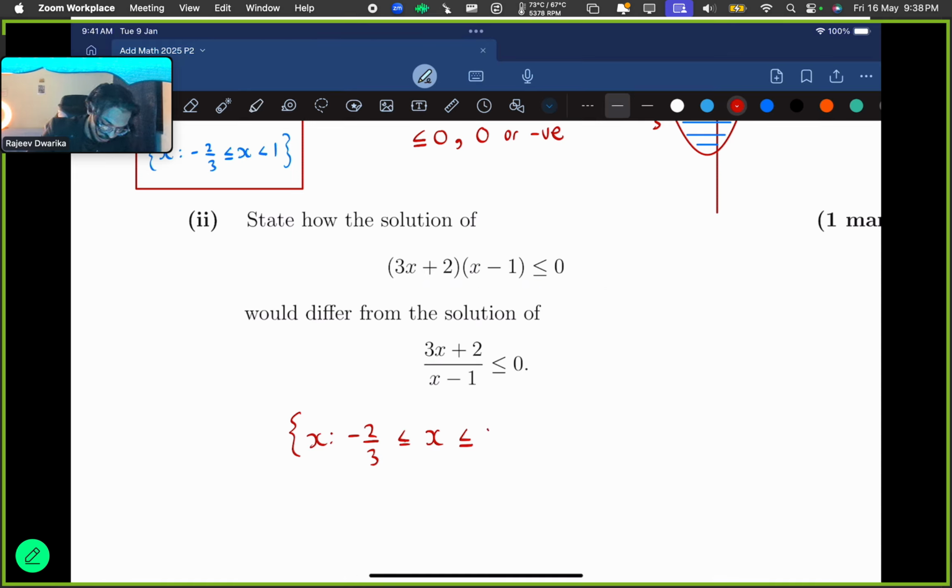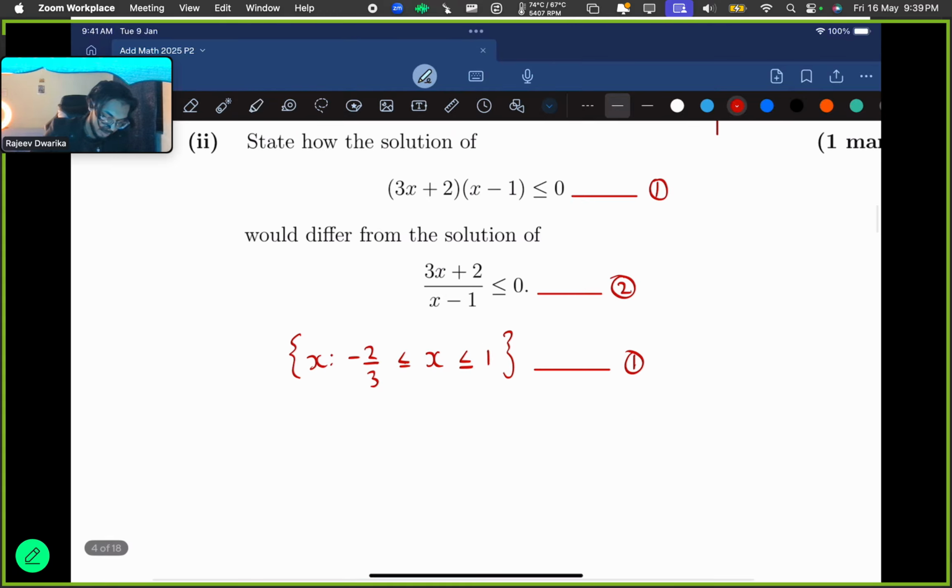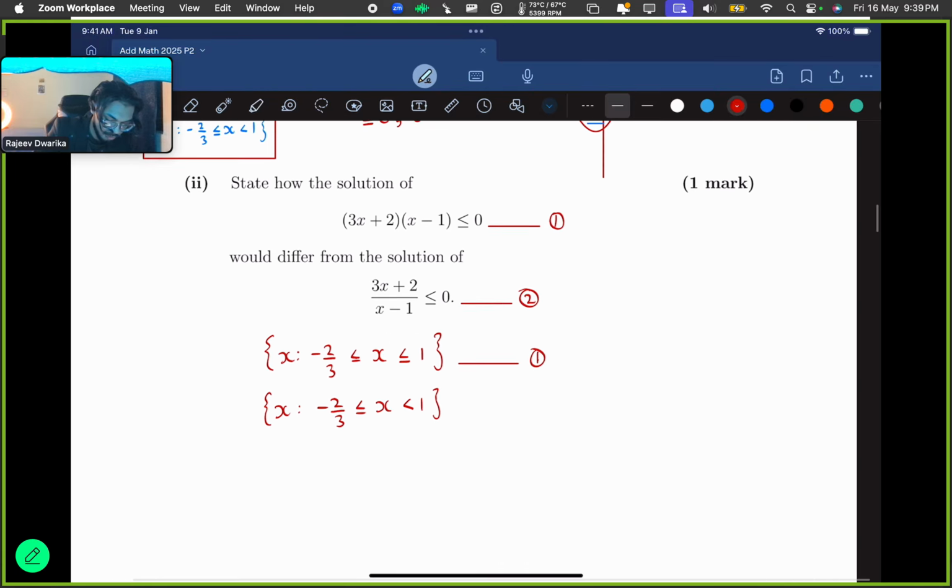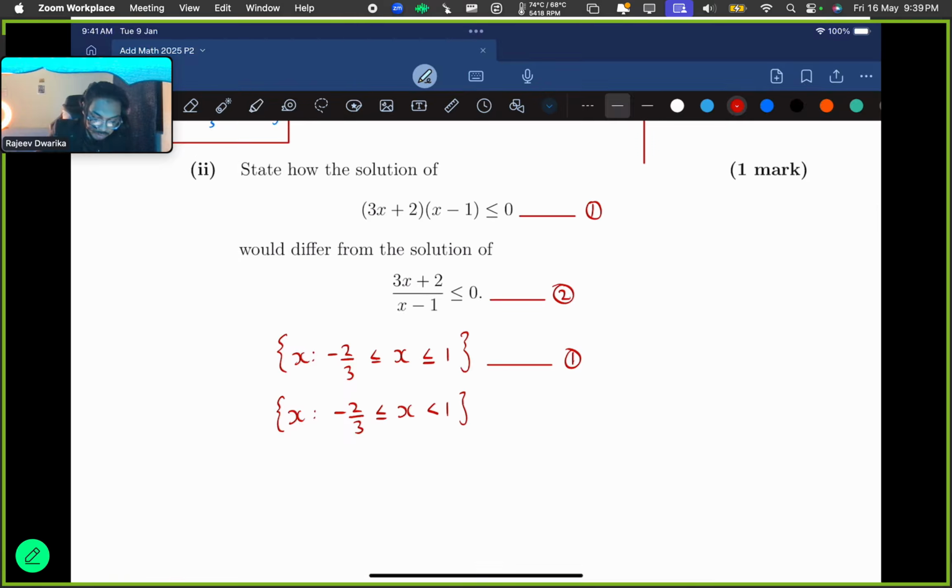And you could label this equation 1, and label this equation 2, and say this is the solution for 1, and this is the solution for 2: minus 2/3 less than or equal to x less than 1. You'd just have to put equation 1 and move on with it.